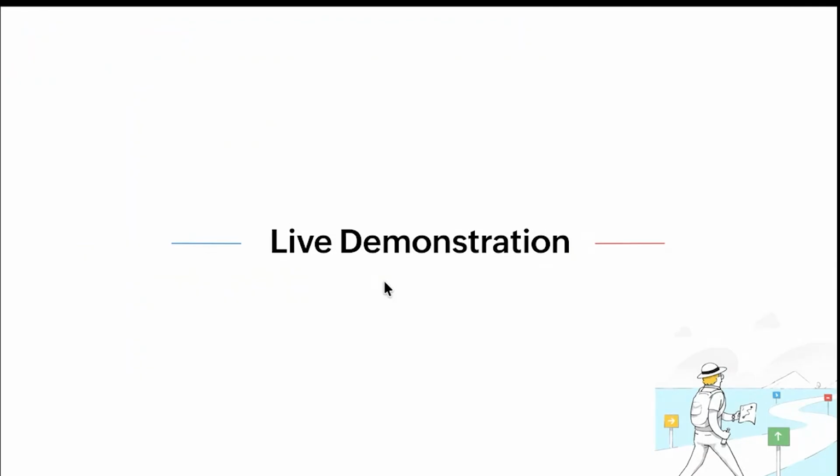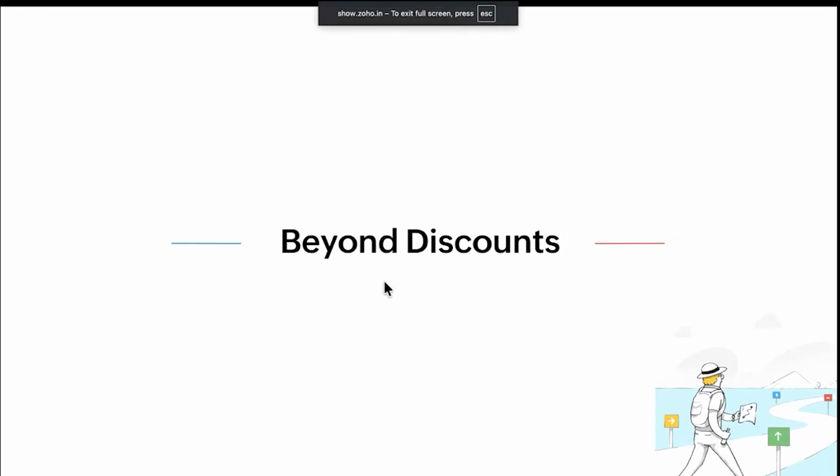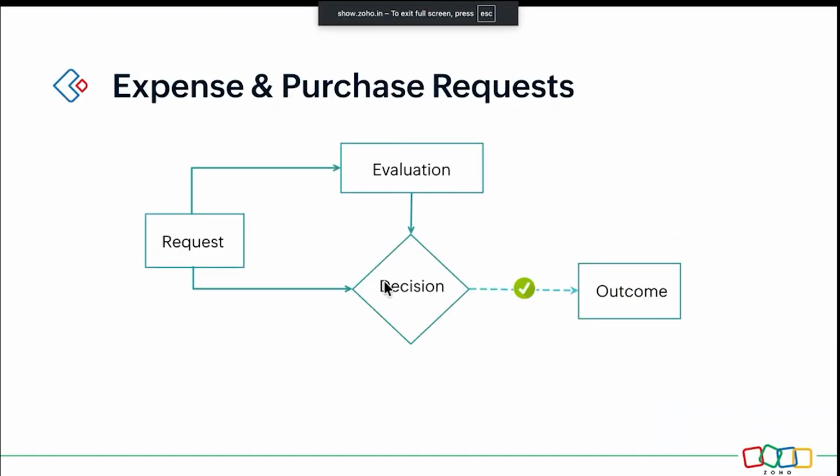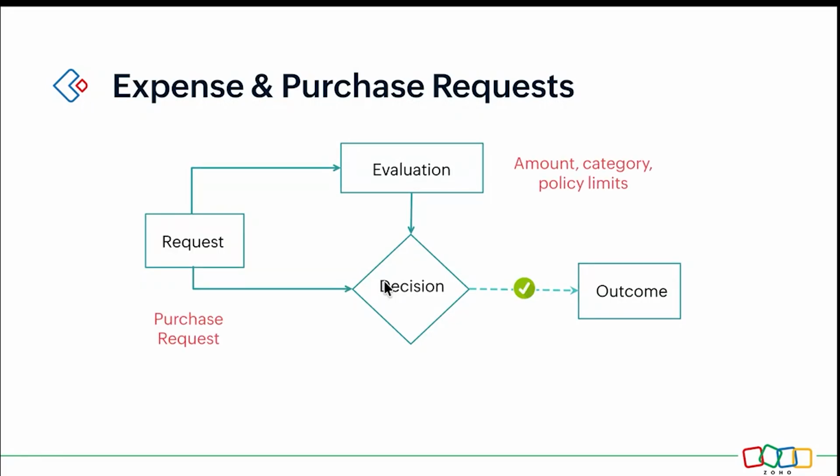Not only for discount request management, this particular design can be used across many different processes. Beyond discount, we can use this design for an expense or purchase request, for example. The flow is going to be the same. We receive an expense or purchase request, which goes into evaluation, where the request amount, category, and policy limits are evaluated.